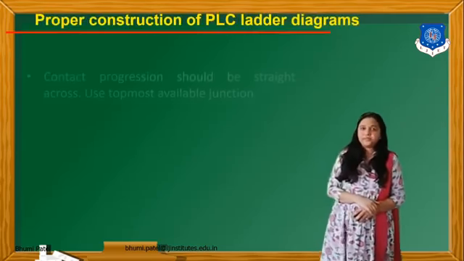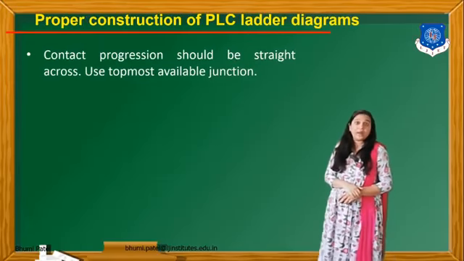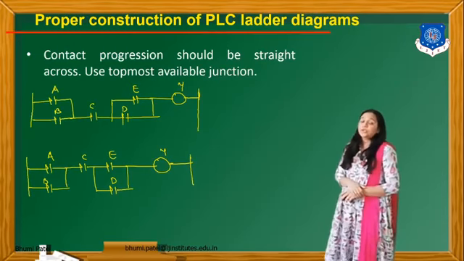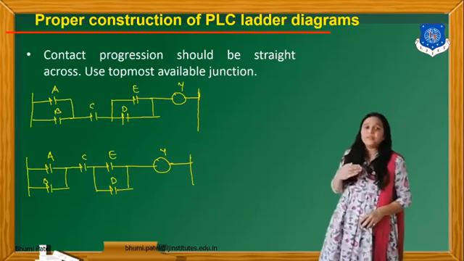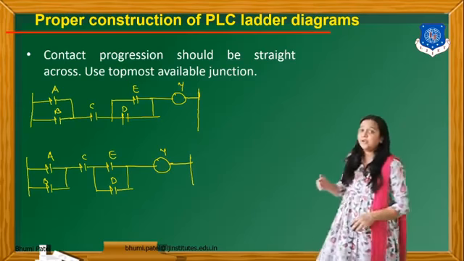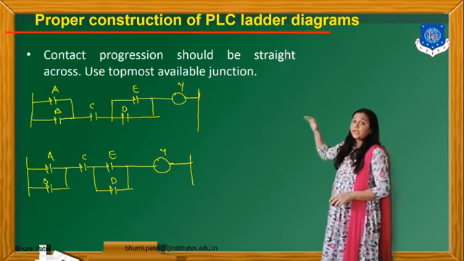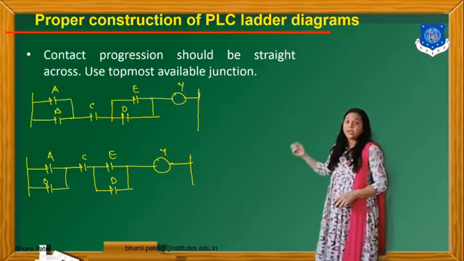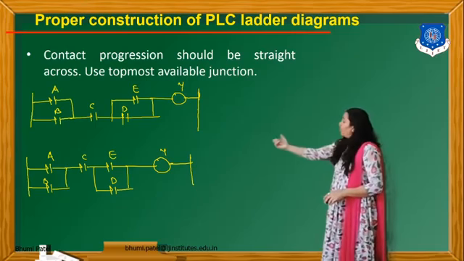Next one is contact progression should be straight across. Use the topmost available junction. Here again two ladder diagrams are given. Whenever we deal with PLC programming, rung number 1 always starts from the first input. So we cannot connect A and B in this manner and then C, then D and E. We start from rung number 1 to the Y output.